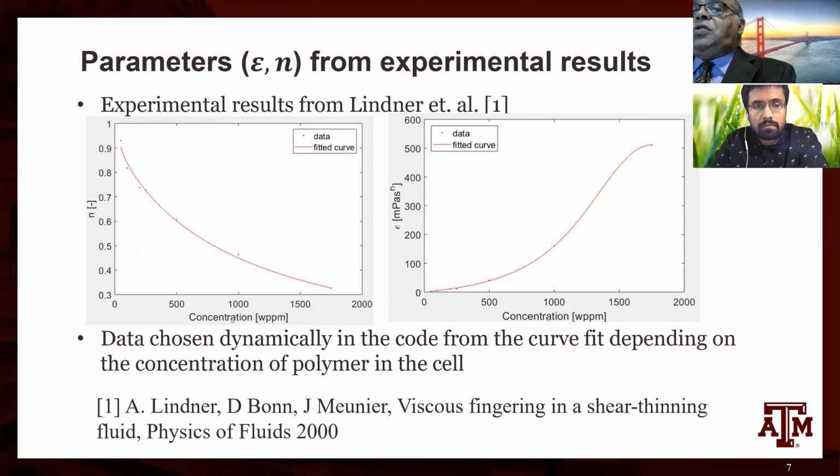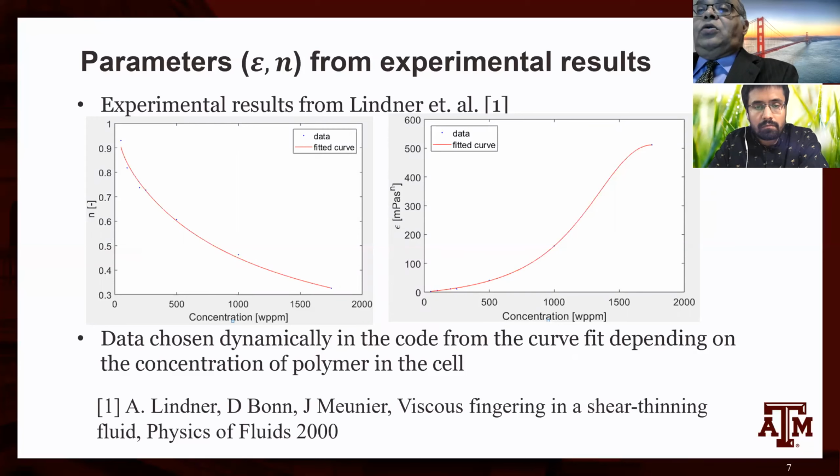There are experiments available. We took the experiments of these three authors, Lindner, Bond, and Mueller, in which they had a data table of n and epsilon, these two parameters, as a function of concentration.